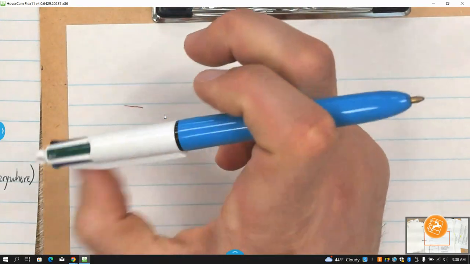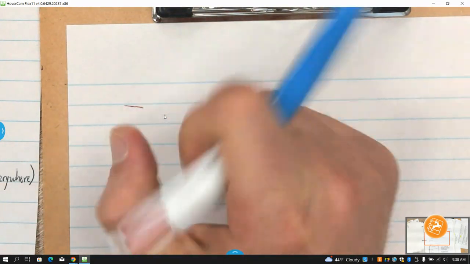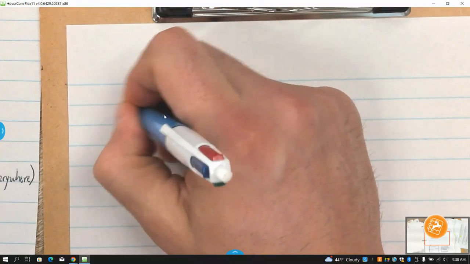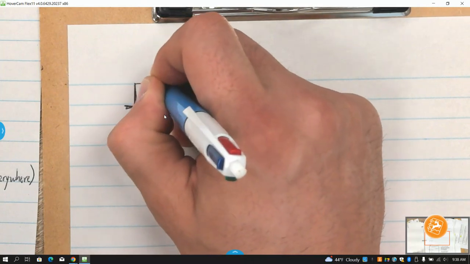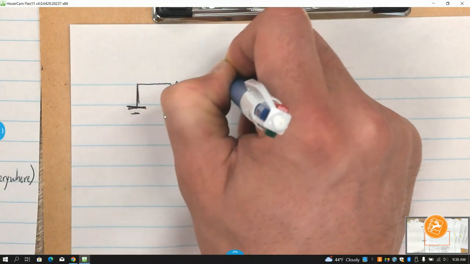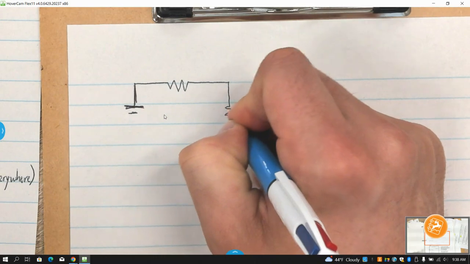So they draw this, and this is what they give us.